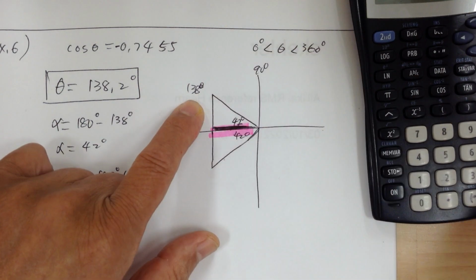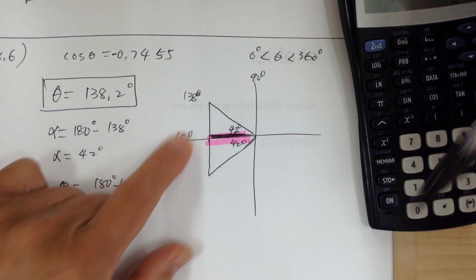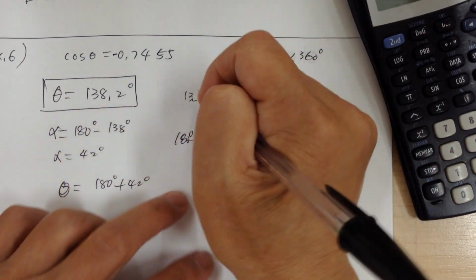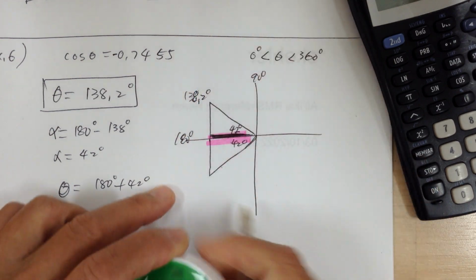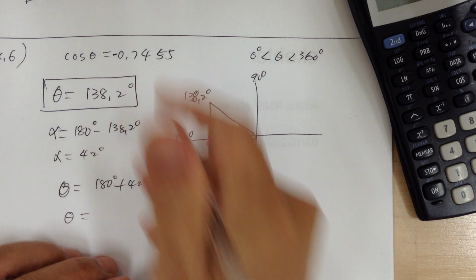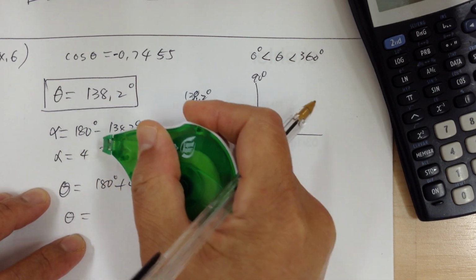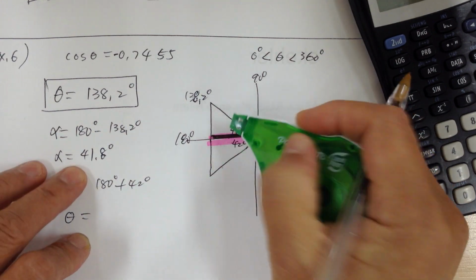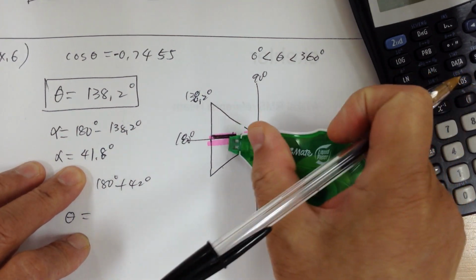Well, actually it's 0.2. Back up, I missed the decimal. So 138.2 degrees. So this is actually going to be 41.8 degrees. There we go. So that's going to fix it.